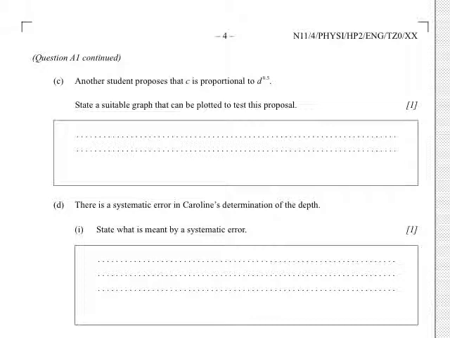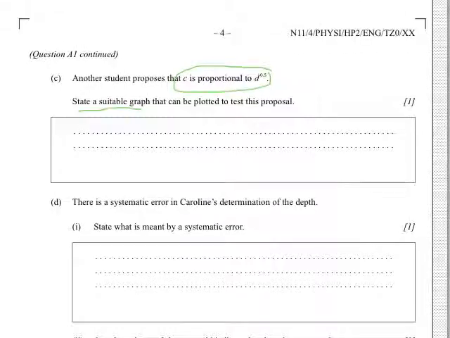So now we have another hypothesis that c is in fact proportional to d to the power of half. What kind of graph can we plot? Well, once again, we have to consider logs. If c is proportional to d to the half, then c must be equal to k d to the half.